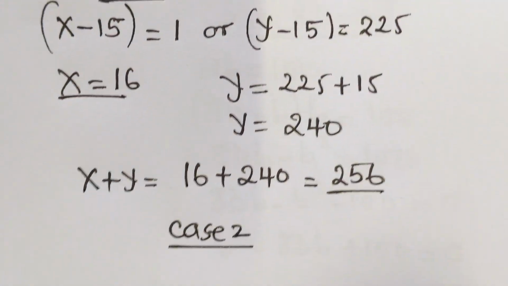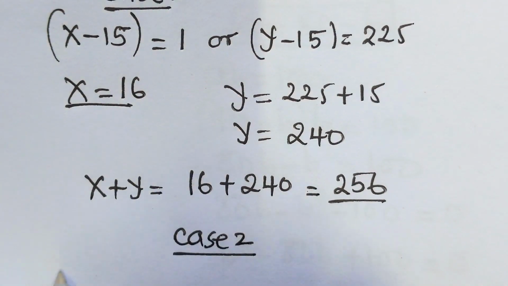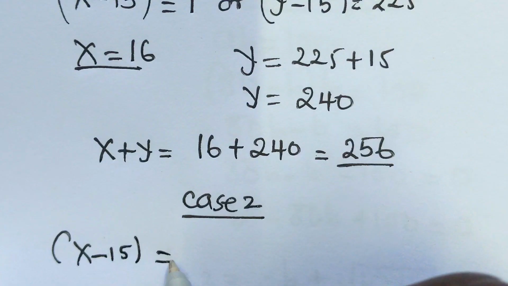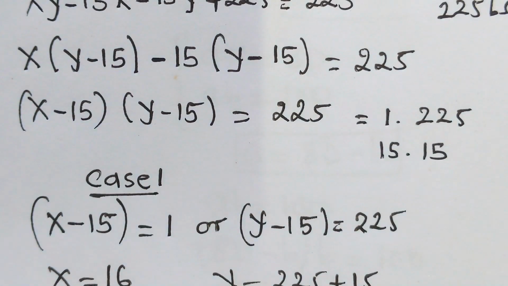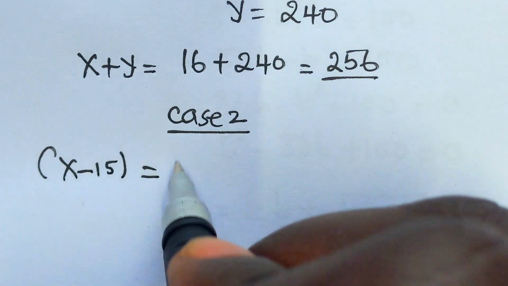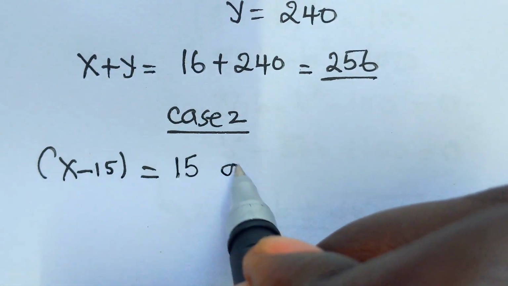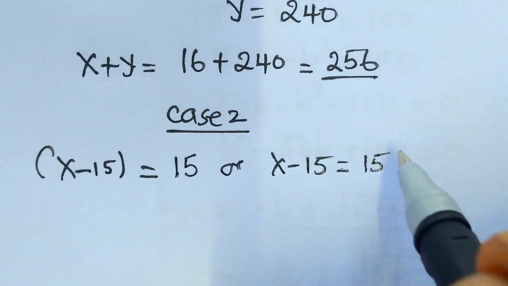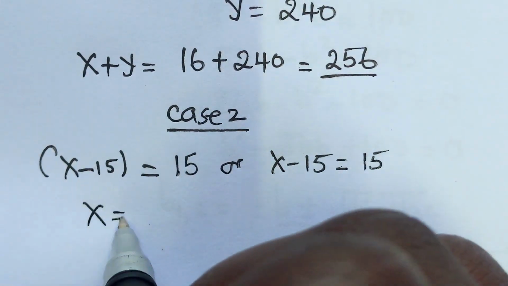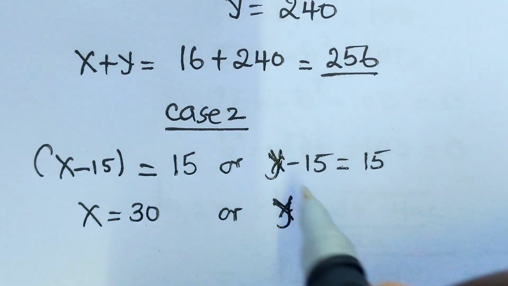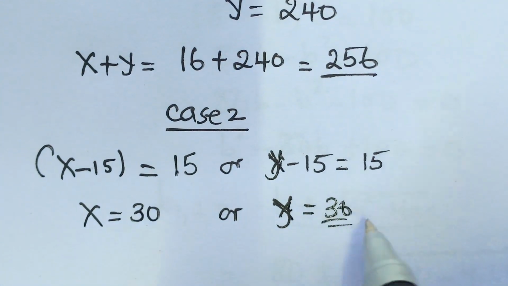What should we get? We have x minus 15 equals what? Remember that we have 15 times 15, to mean that x minus 15 equals 15, and of course x will be 30, and y is equal to 30.